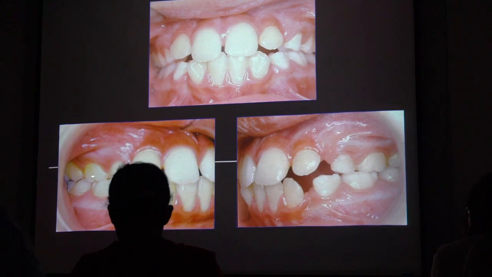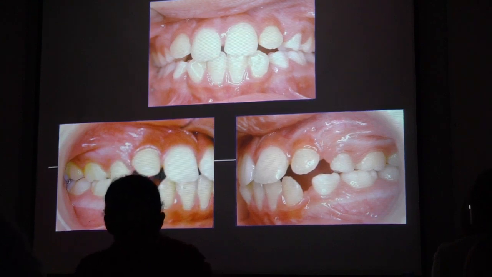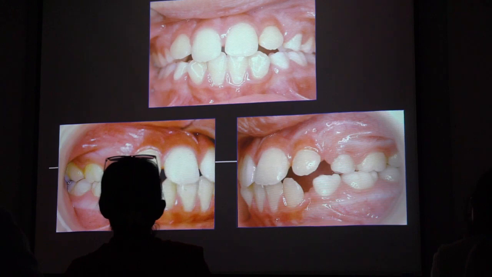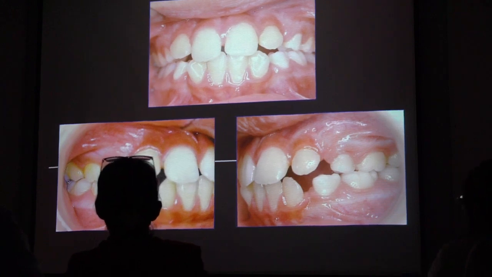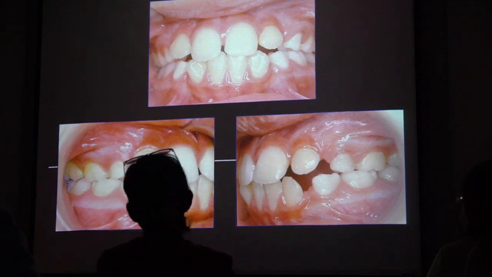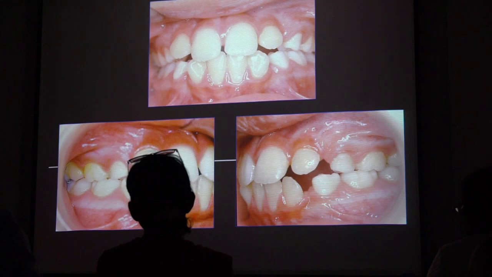How many millimeters do we have here? Let's say this molar measures 9 or 10, and this one may measure 6 or 7. So we have here 9 and 7, which is 16, and we need 24. So we have a discrepancy of at least 5 millimeters each side, in the upper arch.